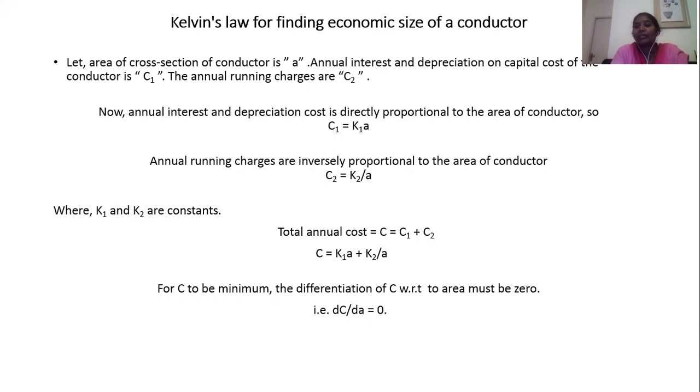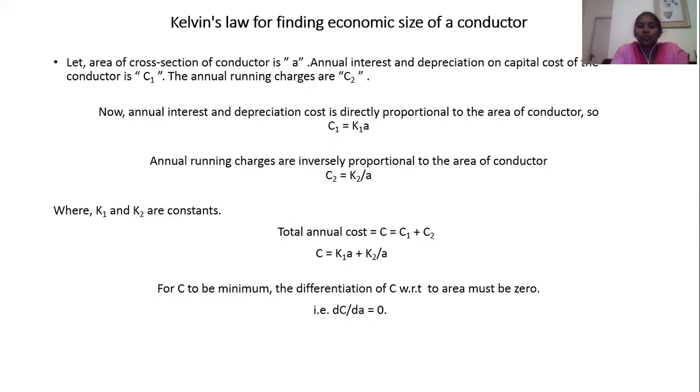Hence, let C1 be proportional to A. To remove the proportionality symbol, I introduce a constant K1, the coefficient of the cost involved in area of cross section. Similarly, the annual running charges are inversely proportional to the area of the conductor. Hence, C2 is equal to K2 divided by A.